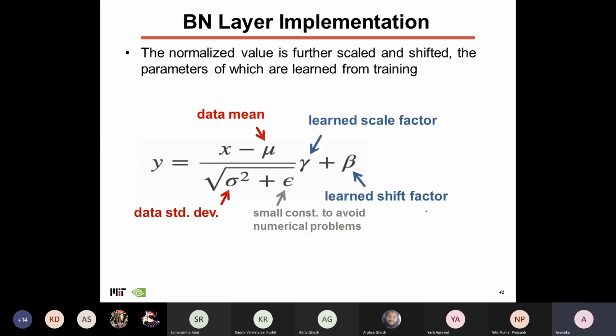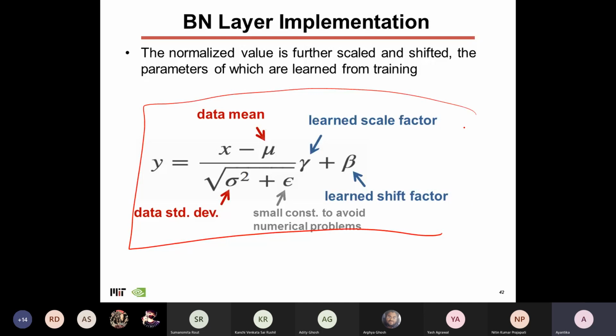So this is the mathematical expression. We have mentioned why this normalization is important, but this is the expression for how you are modifying. This is your input data with the data mean and standard deviation, how you are modifying your input data and mapping that to some other value y, and then in the next level you consider that normalized input for your next level processing.